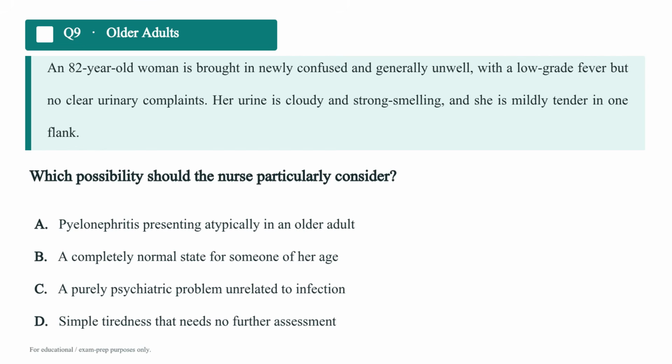Option A, pyelonephritis presenting atypically in an older adult. Option B, a completely normal state for someone of her age. Option C, a purely psychiatric problem unrelated to infection. Option D, simple tiredness that needs no further assessment. Pause here and choose your answer.